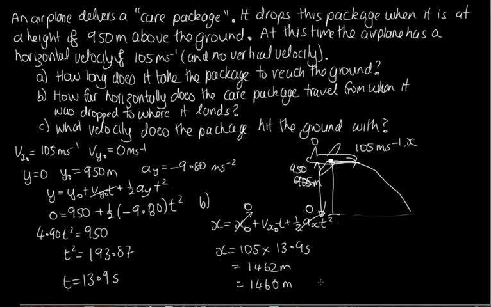Now we're going to need a bit more space to calculate the final velocity, so let's clear some space. To calculate the final velocity, we need to work out the final velocity in the x direction and the final velocity in the y direction. Let's work out Vx first.